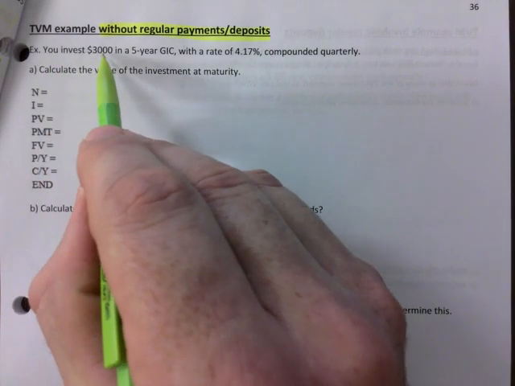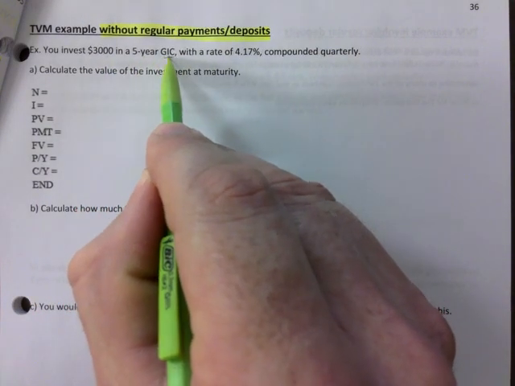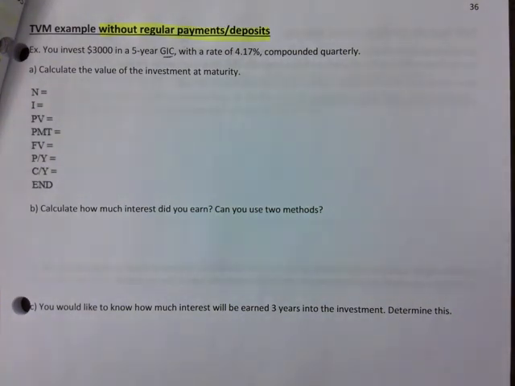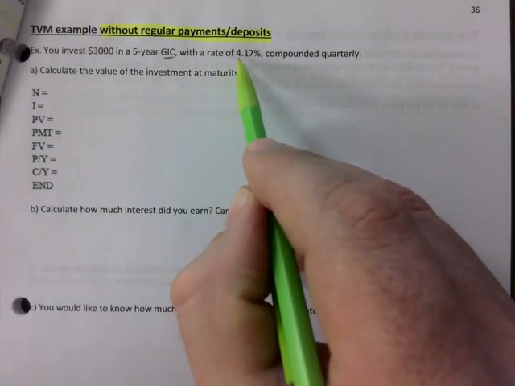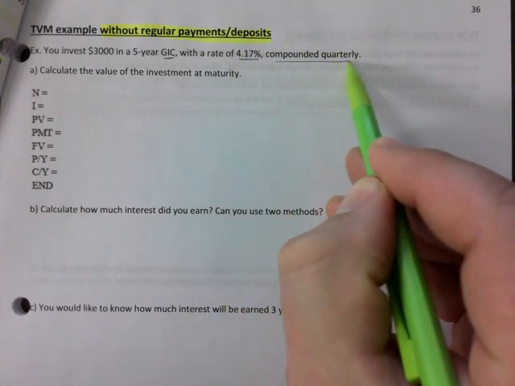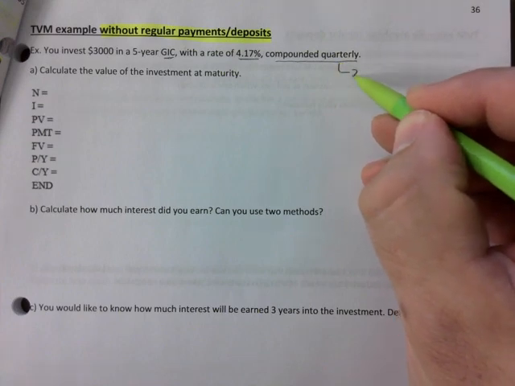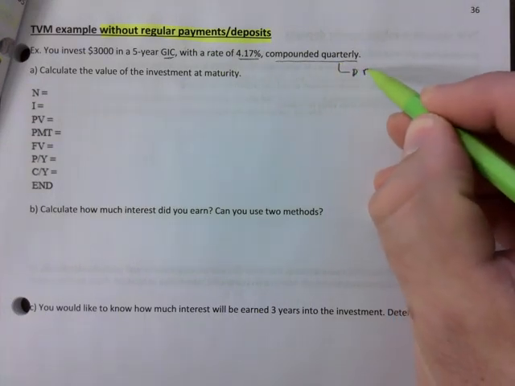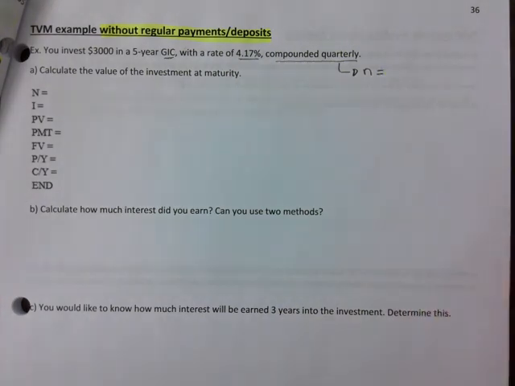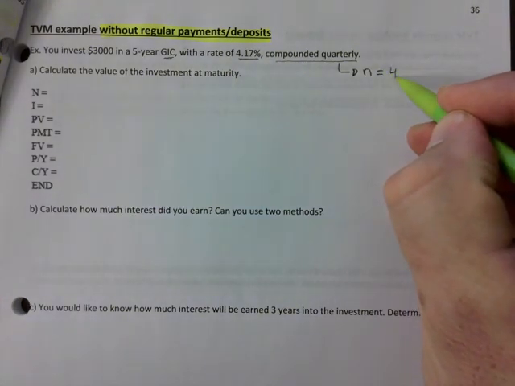It says you invest $3,000 in a 5-year GIC, and GIC shouldn't scare you. It's just like a savings account, but you lock it in with a rate of 4.17% compounded quarterly. This is what I want you to remember. If it's compounded quarterly, it means 4 times a year, correct?